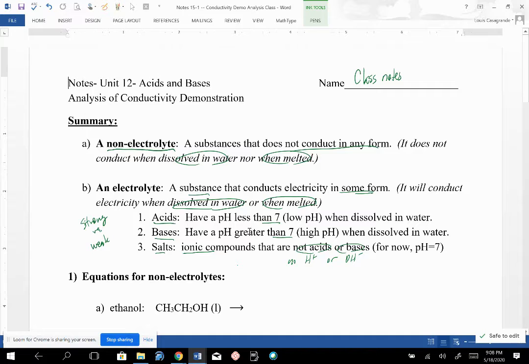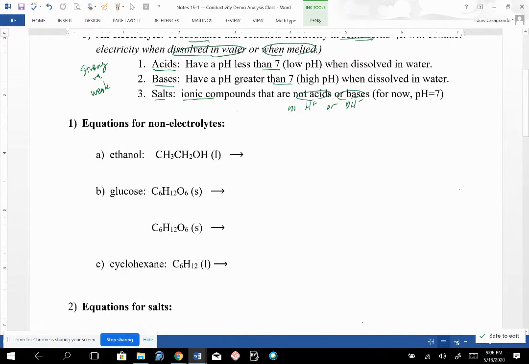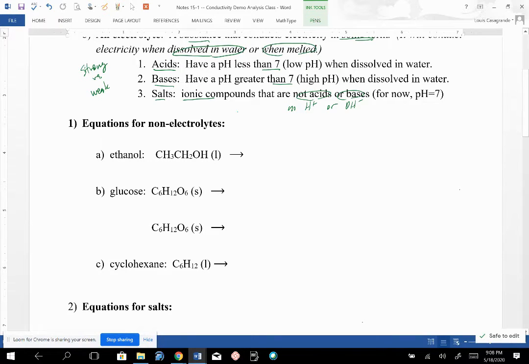So let's talk about what's going on with the dissolving and melting as we look at these compounds. So the ethanol, when you dissolve it in water, so let's put H2O over the arrow to say that we are dissolving this in water. We just take that ethanol and through hydrogen bonding, the CH3CH2OH becomes aqueous.